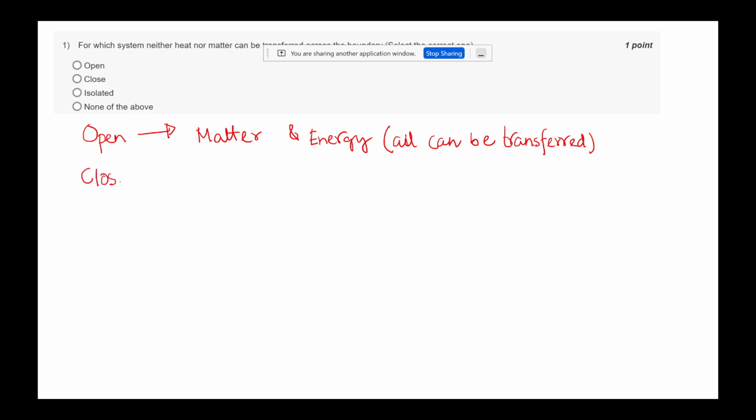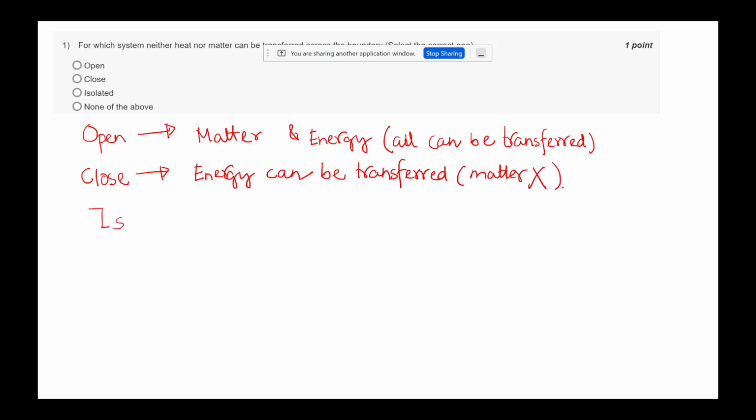Closed means energy can be transferred, matter cannot.